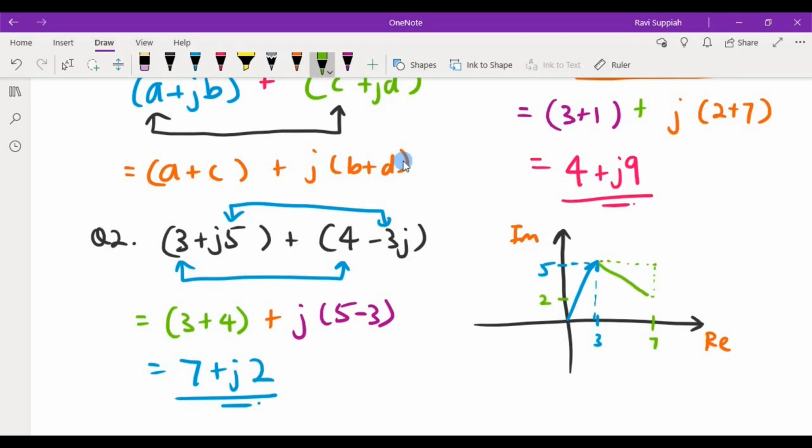The new position of my vector addition would be this point here. Since there's no other addition involved, the final answer is from here to this point here, which is 7 plus 2j, which is what we have here.